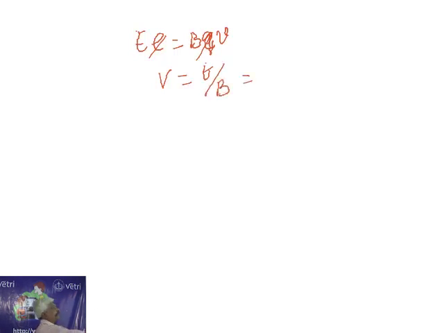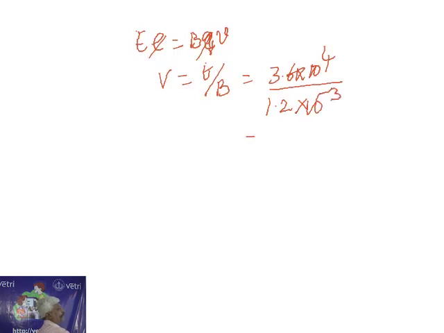What is the electric field? That is 3.6 × 10^4 by the problem, divided by 1.2 × 10^-3. So 3.6 divided by 1.2, everyone knows, is 3 times. This 10^-3 goes to the numerator, giving 10^7 meter per second.